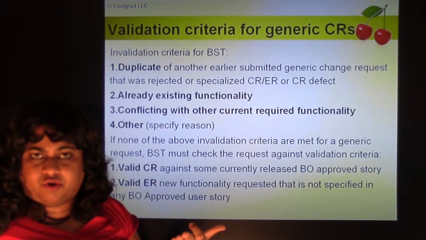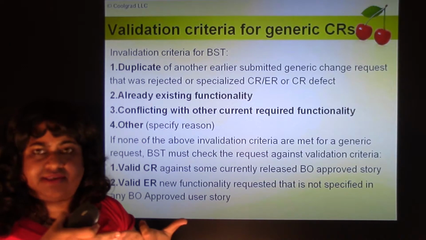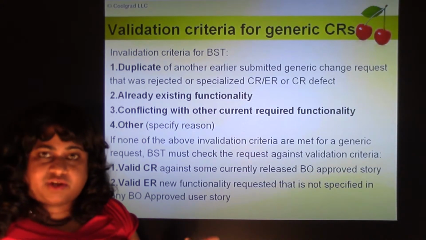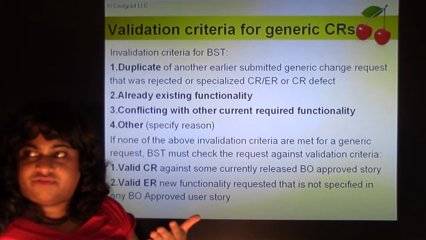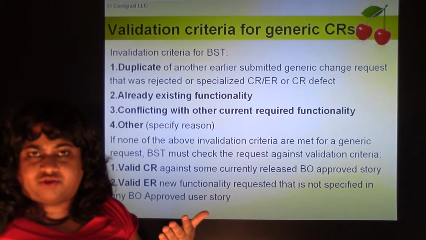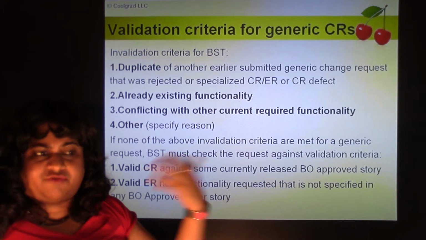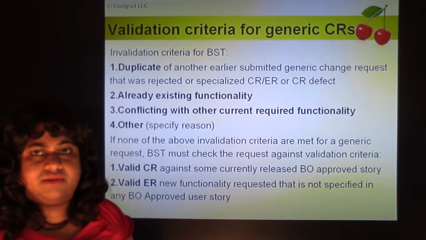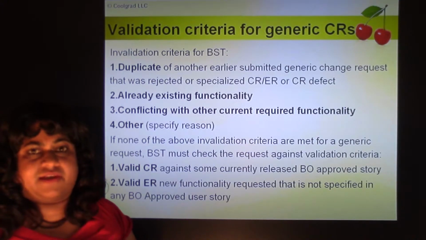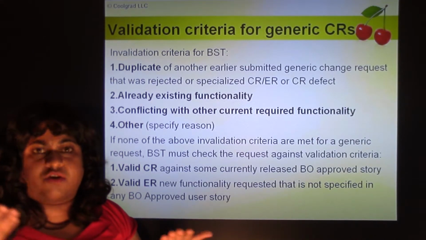Review the functionality in these stories, for which ones are relevant to this, and say, is it requesting some functionality in this story to be changed? Then it's a valid CR. Or if none of these production stories have this functionality, it's asking for new functionality, then it's a valid ER. So the BST team member uses his judgment and classifies it as a valid CR or a valid ER.